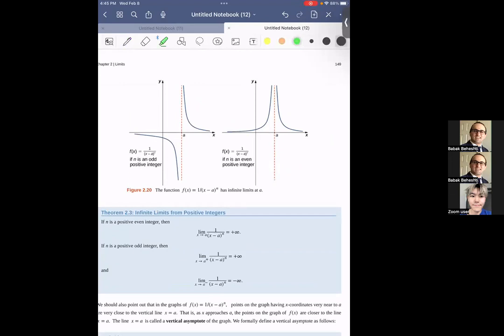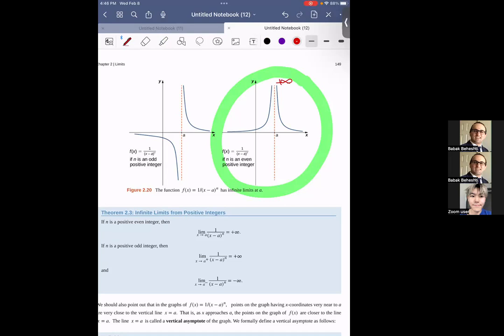So here in this picture is an example for n even, the right picture. You see, when n is even, the right and the left limits both equal plus infinity. So the right limit and left limit are both plus infinity.